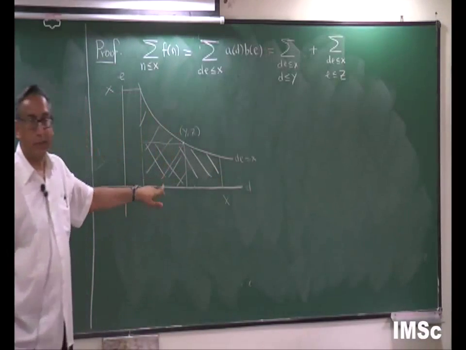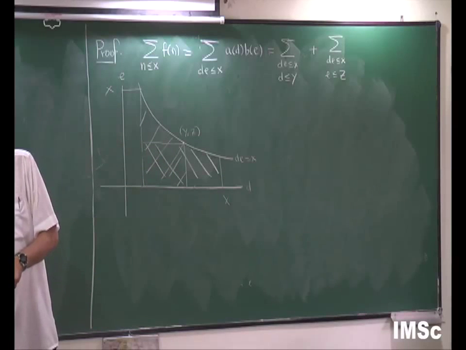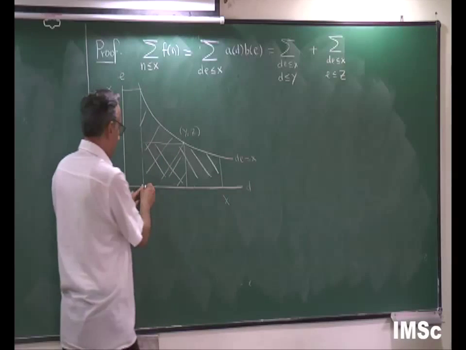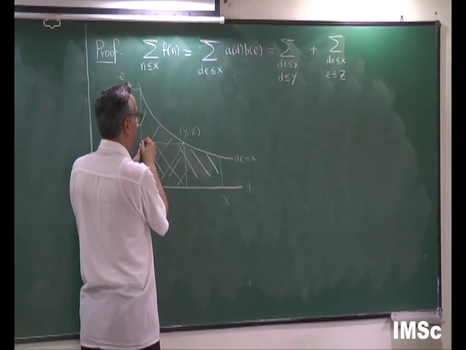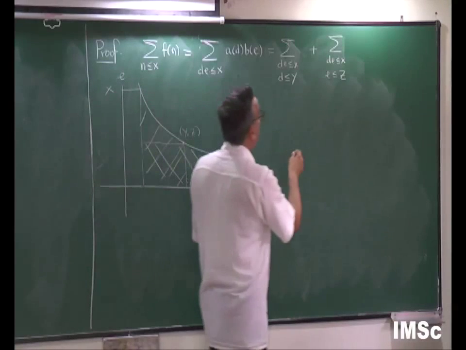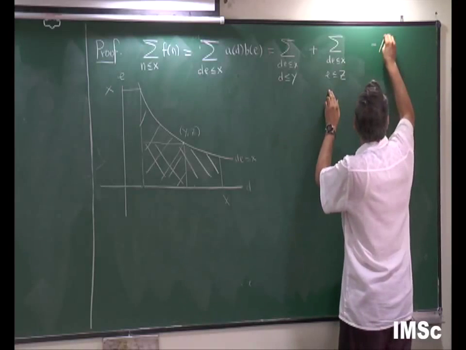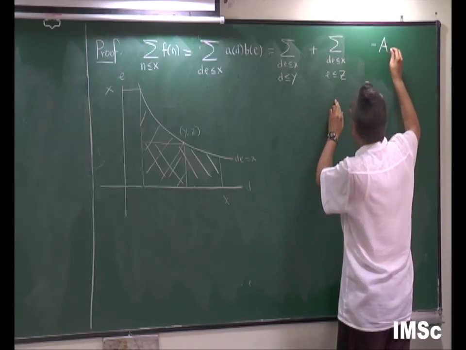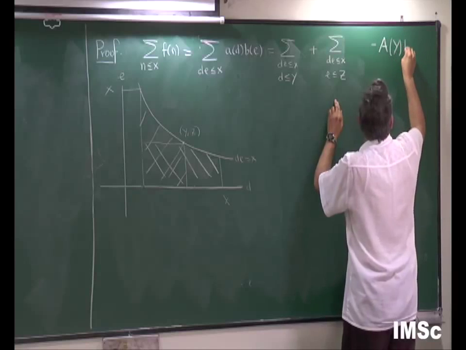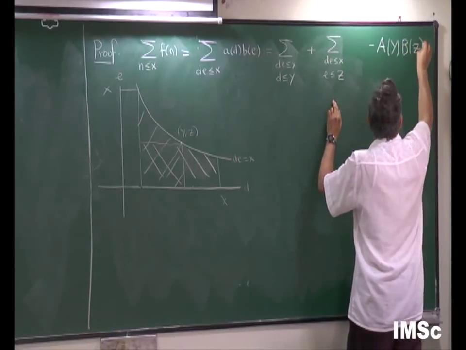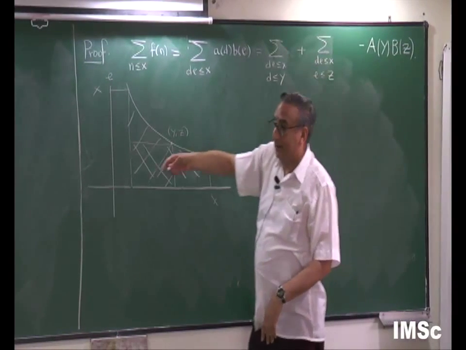And there's this common thing that I've overcounted. What's the common thing? Well, d is less than y and e is less than z, so I have to remove that contribution. And you will see that that's just simply a of y, b of z. And when you work it out, this is what you get.